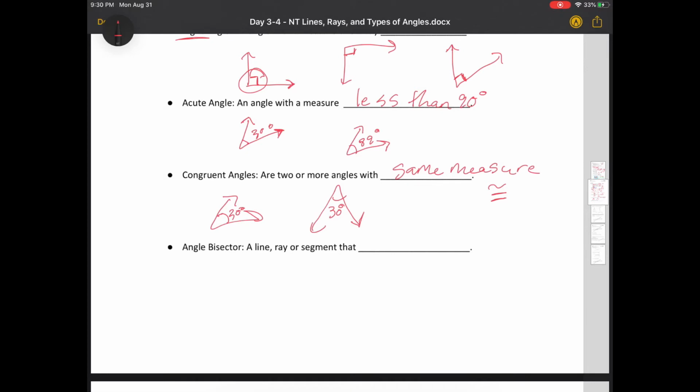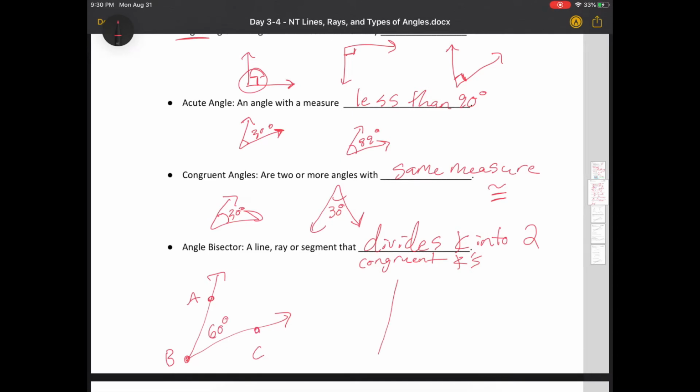And now angle bisector, we will see this again in a couple of lessons, but I just wanted to bring it up now. An angle bisector is a line, ray, or segment that divides the angle into two congruent angles. So a picture for you would be something like this. Let's say I have angle ABC here. That's 60 degrees.